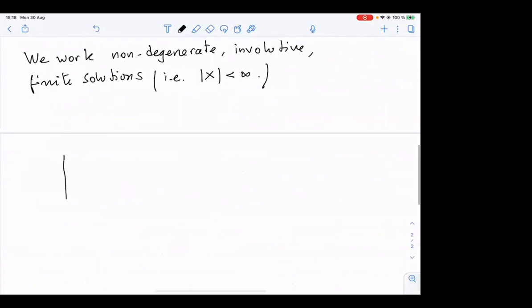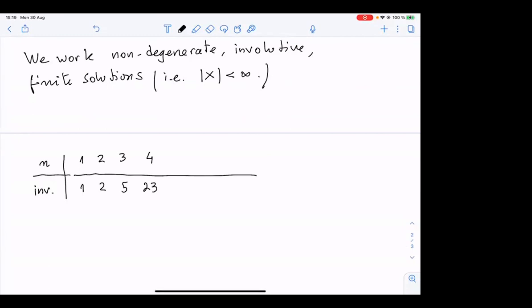With the computer, you can do some experiments and then you can construct solutions. So I can tell you a little bit about how many solutions there are up to isomorphism. Only one solution of size 1, 2 solutions of size 2, 5 solutions of size 3, 23 solutions of size 4, 88 solutions of size 5. And I can put some more numbers here.